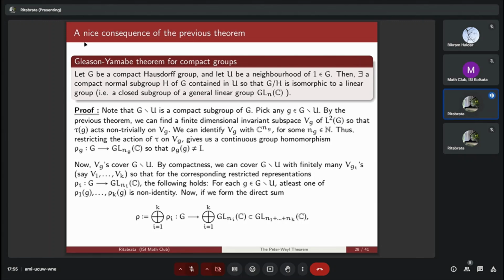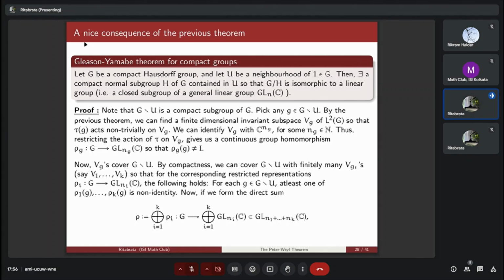That is, if we quotient out by H, the resulting group G mod H can be embedded inside a general linear group. That is, G mod H is isomorphic to a closed subgroup of a general linear group. In particular, it will be isomorphic to a compact subgroup of a general linear group, because G mod H is compact: the quotient of compact spaces is compact.